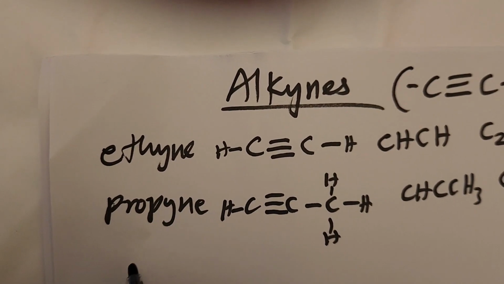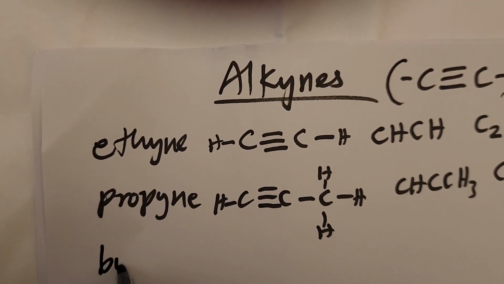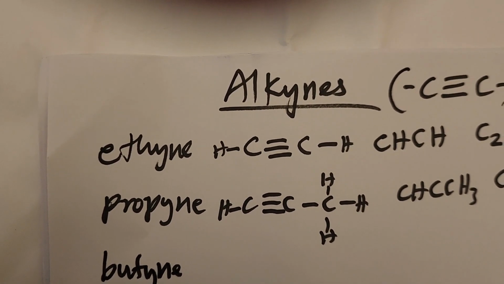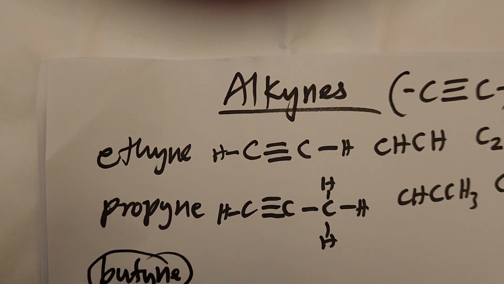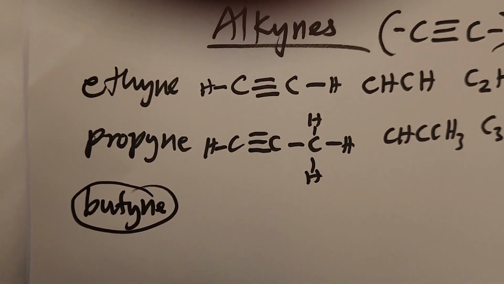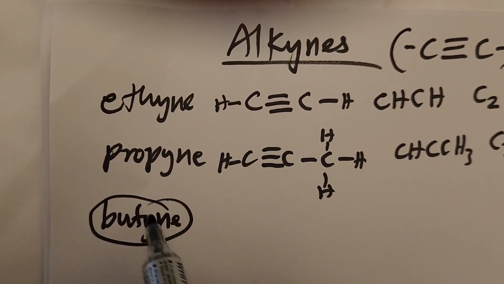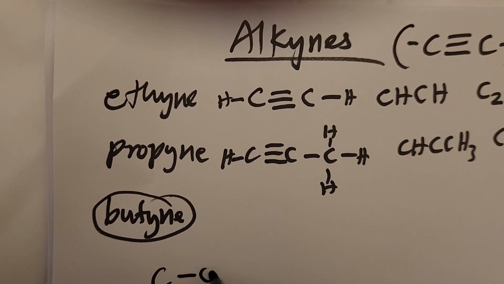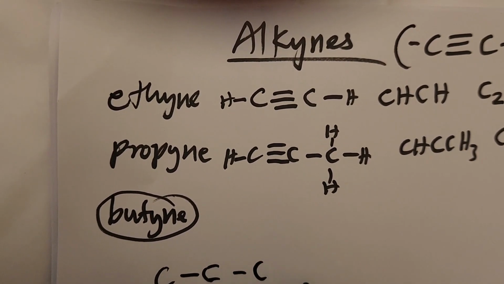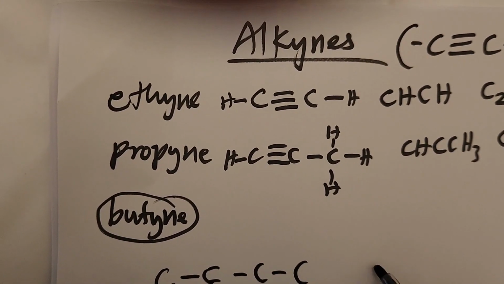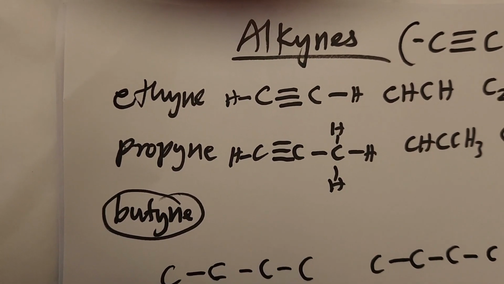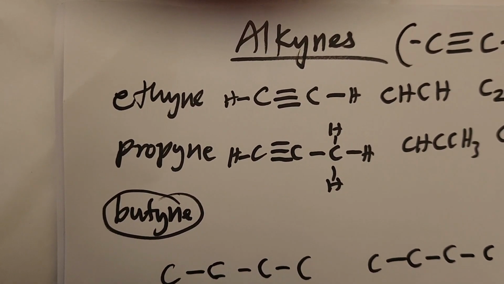And the last example in this case will be butyne. In butyne, we will have 2 structural isomers, which means that we won't just have the name butyne, but we'll have to specify where the triple bond is. Isomerism starts with C4 in the alkynes. We'll be having these 2. Can we have a branch in this case?